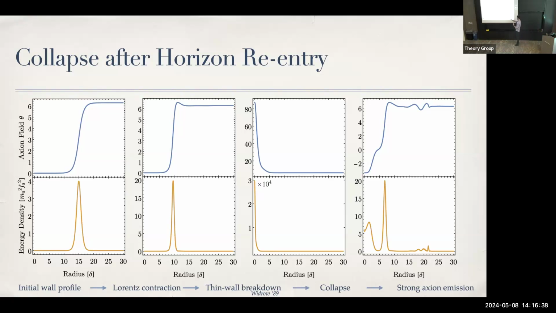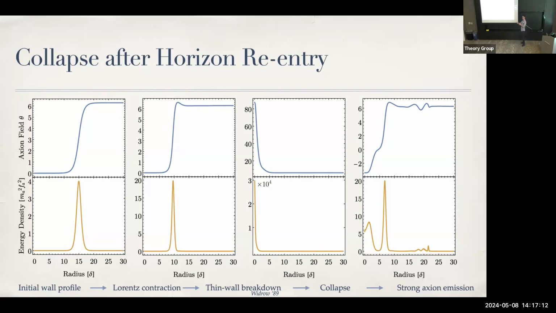So what happens next is the wall totally deviates from the normal Nambu-Goto equation, and the field rushes towards the center, and you get huge amounts of energy density in a very small size, roughly of order a Lorentz contracted wall thickness. You can't contract it indefinitely, of course, because the thickness prevents the wall from fully contracting. Once it contracts, it hits itself violently and emits tons of axions as the shell hits itself, and it partially goes through itself.